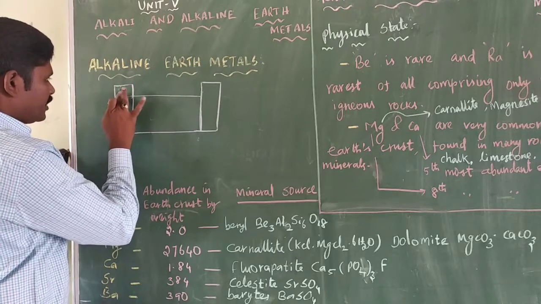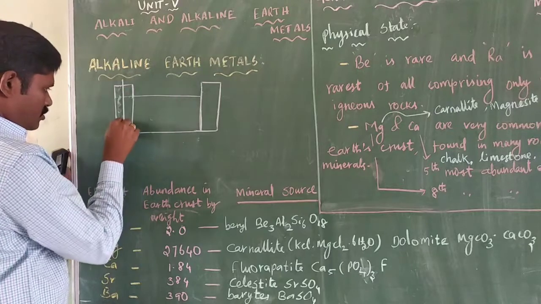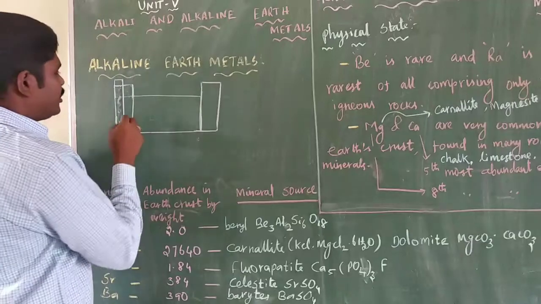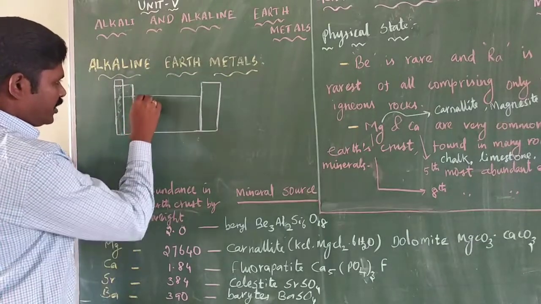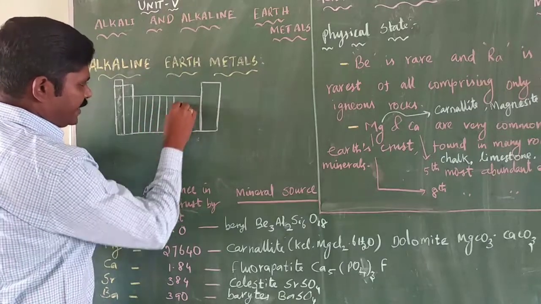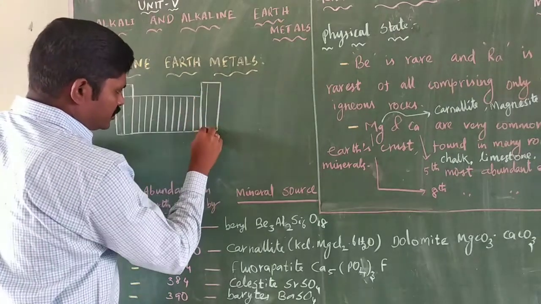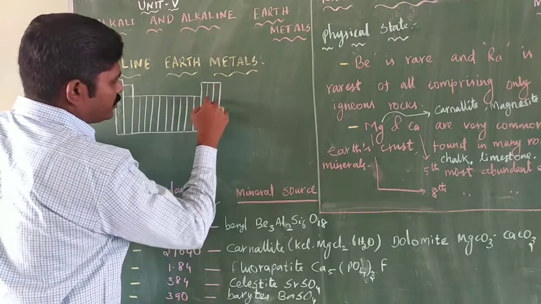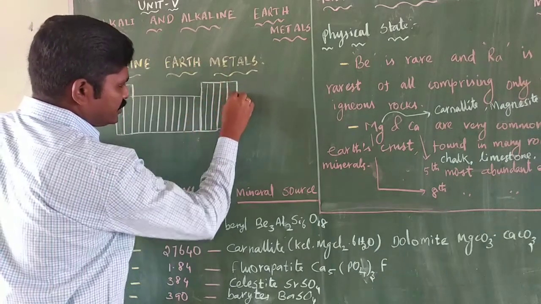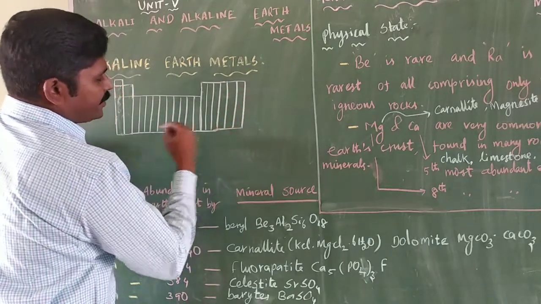contains 18 groups. 1, 2, 3, 4, 5, 6, 7, 8, 9, 10, 11, 12, 13, 14, 15, 16, 17 and 18.